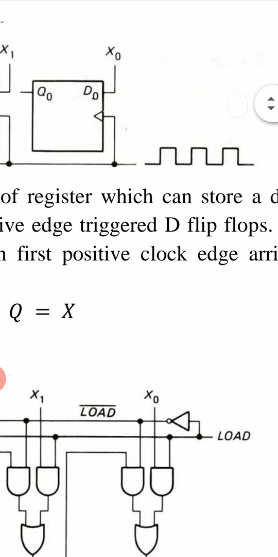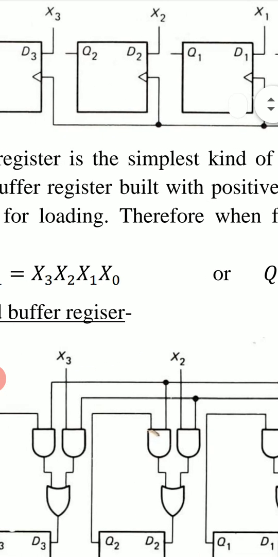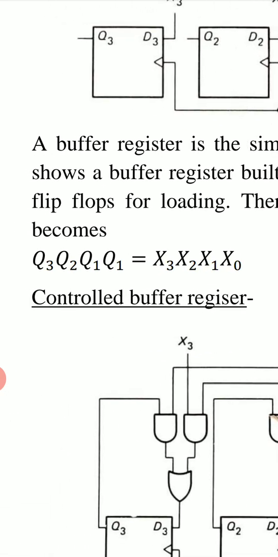Therefore, when the first positive clock edge arrives, the stored word is Q3, Q2, Q1, Q0.